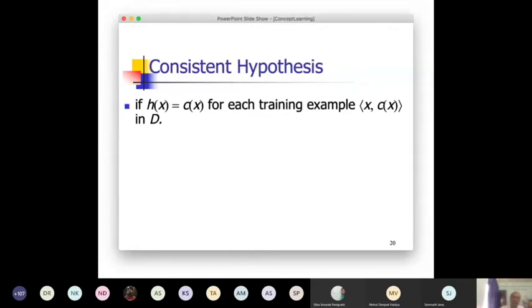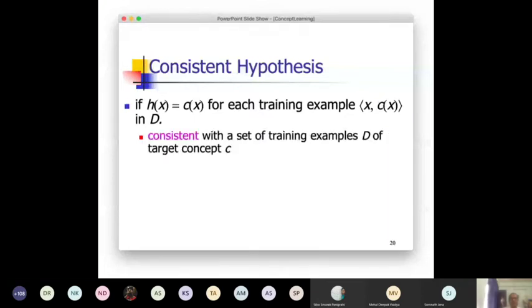Whatever is given in the training set, outside this training set h(x) could be any value. Whether that is the target function value or not is not your botheration. In fact, that is not given to you. Only in your training examples, c(x) values are available, only within the training data set D. So you can only say that your hypothesis is consistent if it at least satisfies all the training examples.